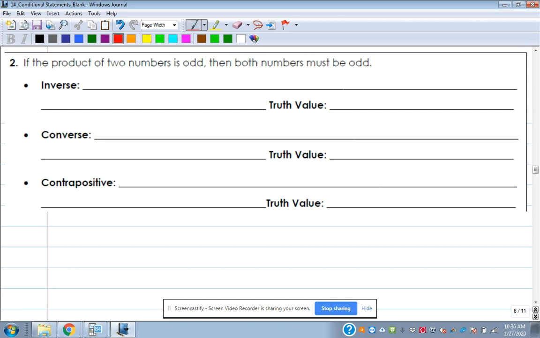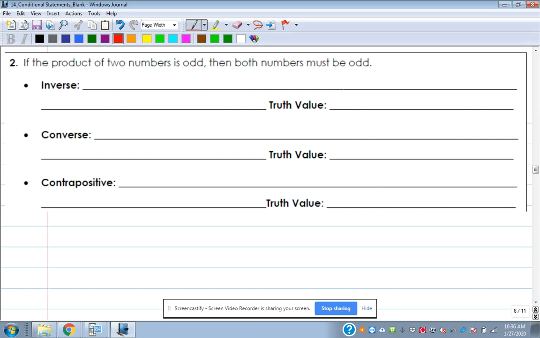Even. Okay, so the negation of odd would be even. If the product of two numbers is even, then both numbers must be even. That would be the inverse. Or you could put, then the numbers are not both odd. Maybe you put the not in there if you want to.